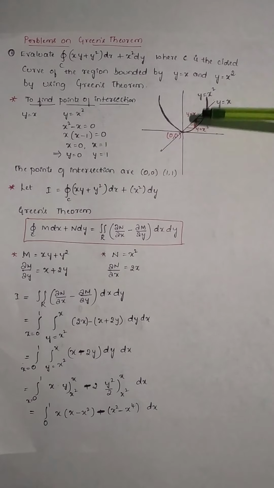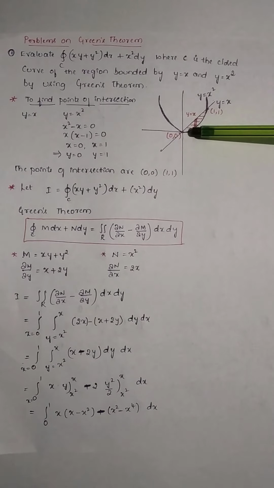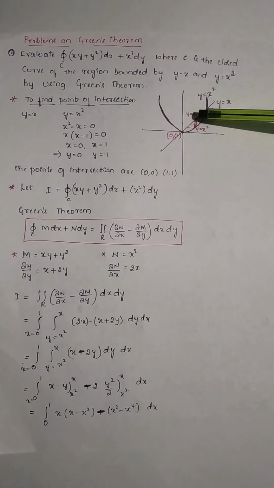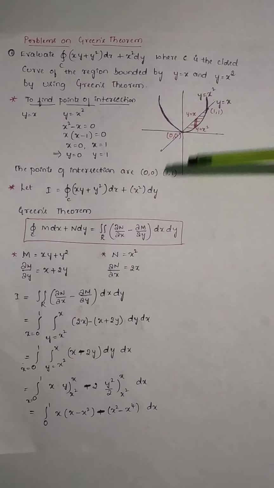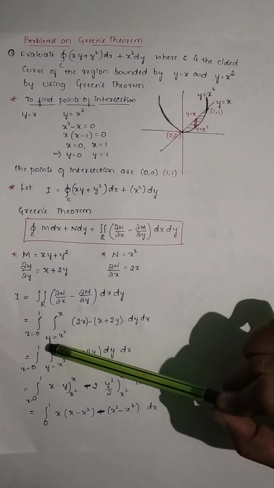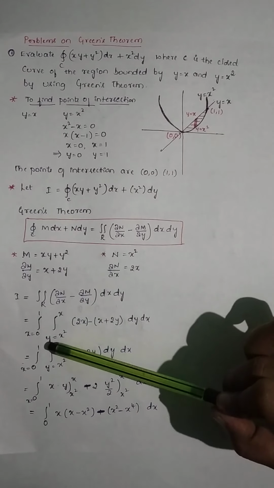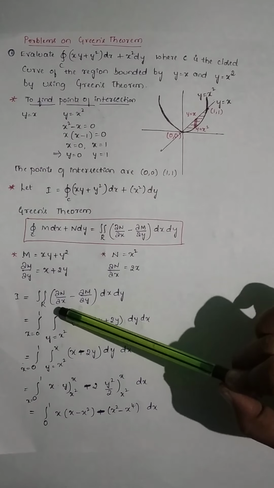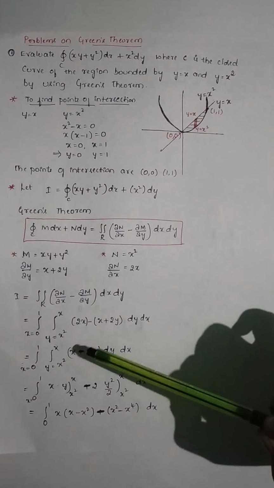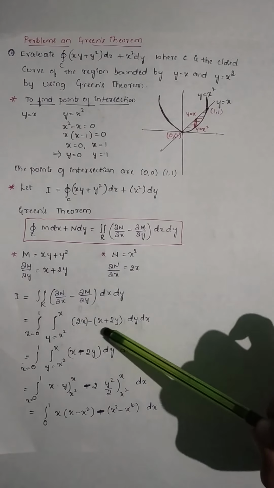So in the region y starts from the parabola y = x² and goes up to the line y = x. So the next integral is written in terms of x as y from x² to x.